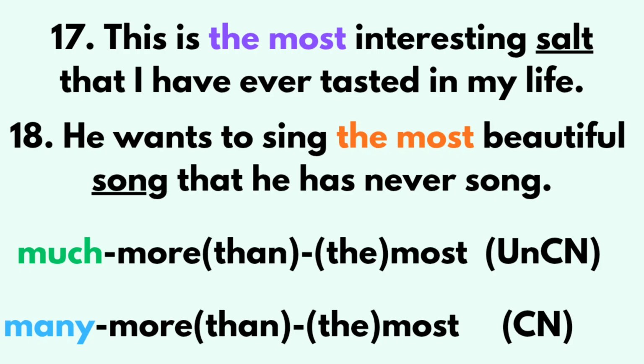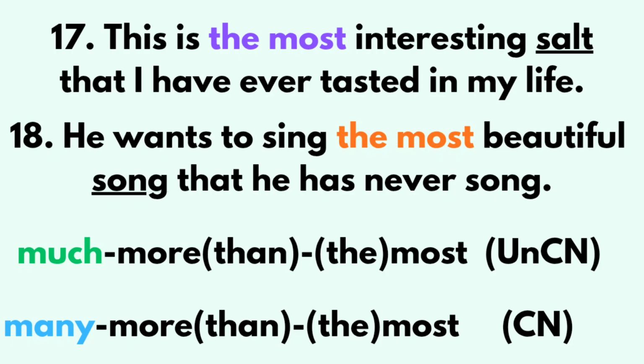In these two examples, you cannot use how much or how many because it doesn't work. How much salt? The most interesting salt. No, it doesn't make sense, right? How many songs? The most beautiful song. No, it doesn't work in these examples. So how is the song? The most beautiful song. How is the salt? Interesting salt.